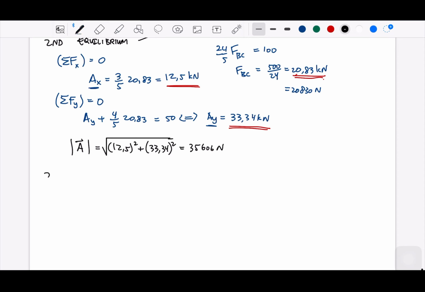So let me write pin at A. Maybe just write the formula. So this will be VA divided by the double shear, which is 2 multiplied with the area, right? This A is different. Okay? A for pin A and A for area.